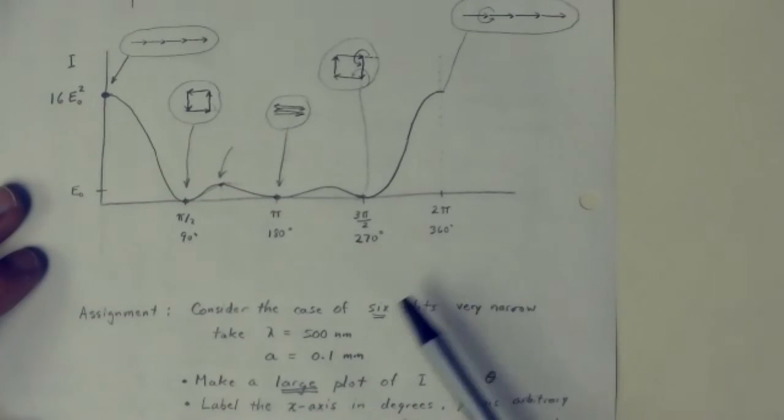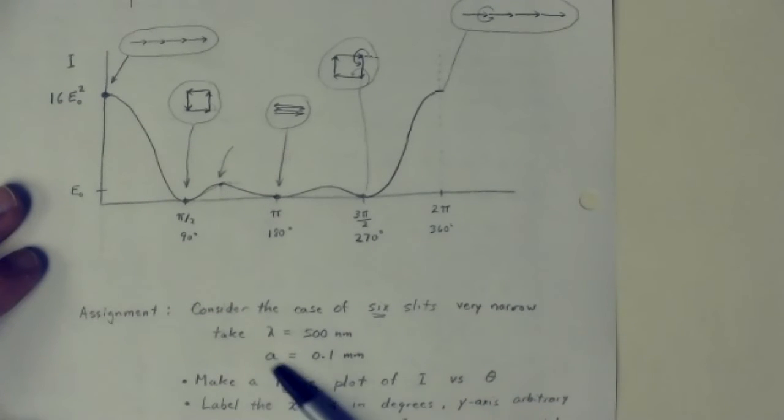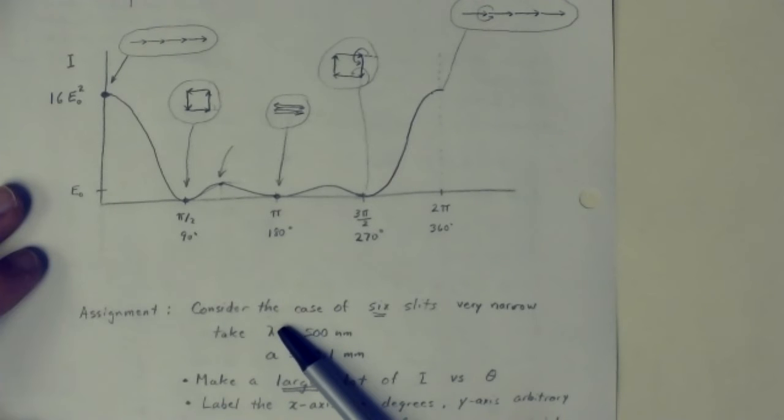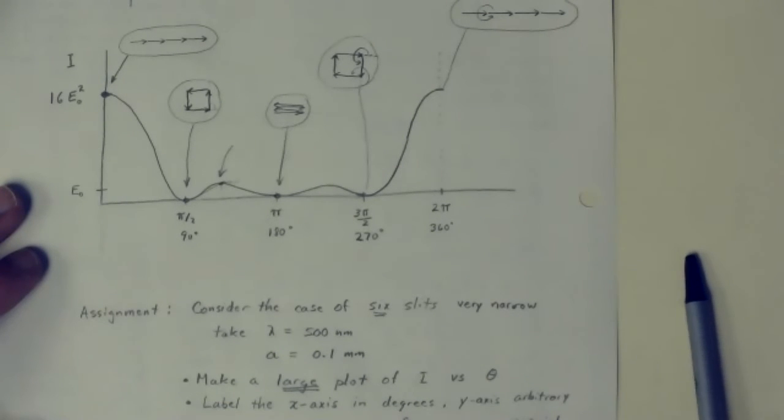First, you've got to do a little bit of changing parameters. So I've given you a lambda and an A and 6 slits.